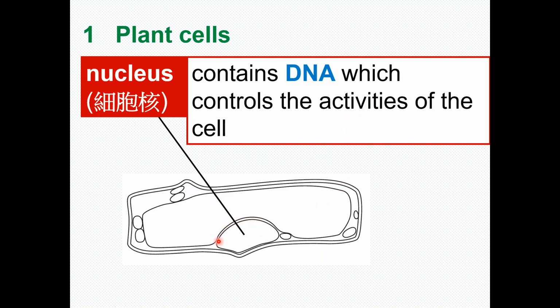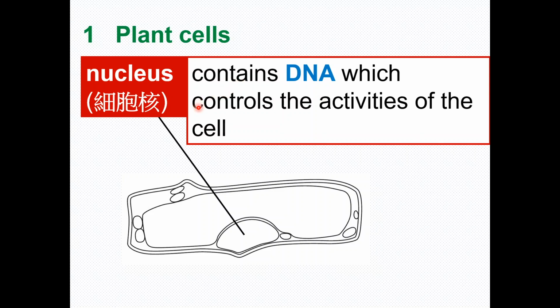If you take a look at this ball-like shape, this is the nucleus. The function of the nucleus is that it contains DNA, which is the genetic material for you and for us, but also for the plants. The plants have DNA also.